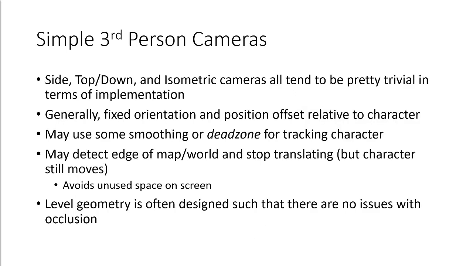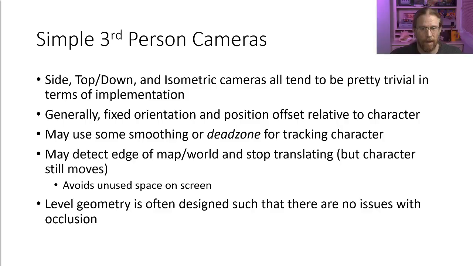So there are some simple third person camera views. So the side, top down, and isometric, they all tend to be pretty simple in terms of implementation. There's not a lot there. And it really depends on if the game designer chooses to place geometry that might occlude the player.